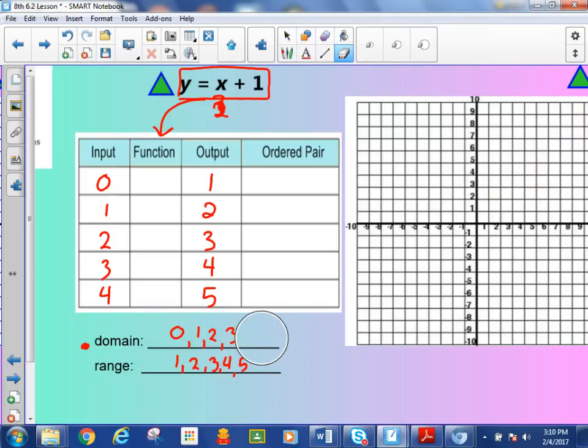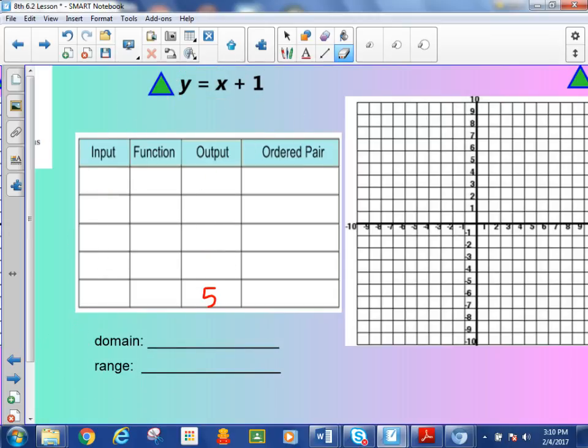Okay, so now I'm just going to have you practice the domain range part of it. So we're not going to have an equation right now. I'm just going to throw some numbers in here, and I want you to identify what's the domain versus what's the range.